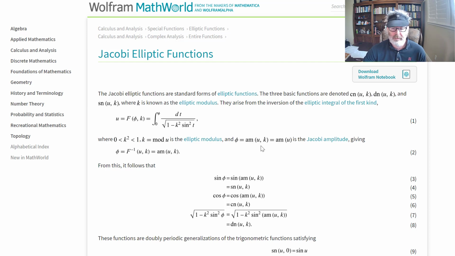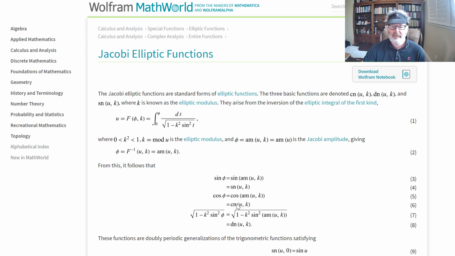It's called the Jacobi amplitude. So phi is some function of u and k. And then sn u, which also depends on k, is going to be the sine of that Jacobi amplitude, which is sine of phi.